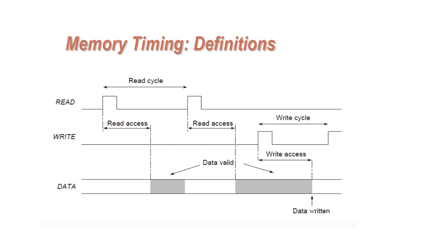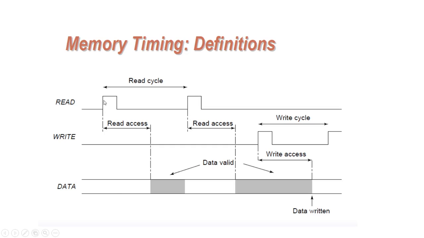Coming to memory timings, we know that memory is nothing but you have to read the data and write the data onto the memories. So let us try to understand this. Read: assume you are given a read request to read the content from a memory location.